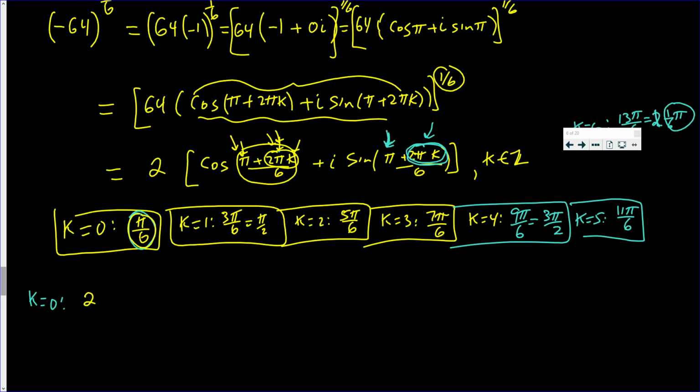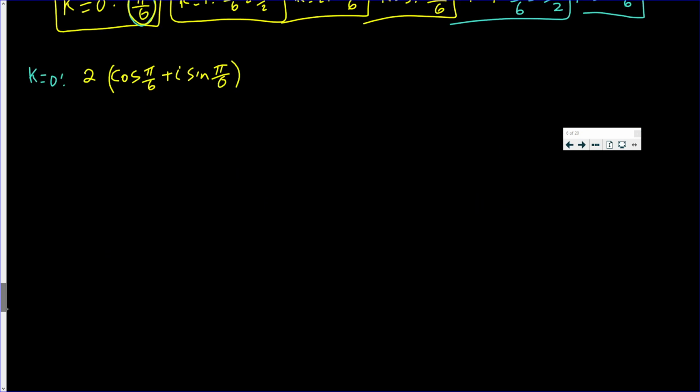It's going to be 2 times the cosine of pi over 6 plus i times sine pi over 6. Let me scroll down a bit. Pi over 6 is 30 degrees: 1, 2, square root of 3.